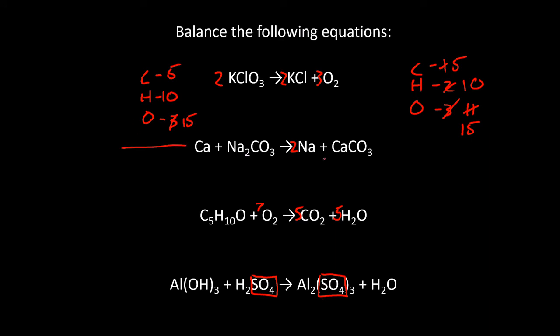So in the case of this problem here, we would have aluminum, oxygen, hydrogen, and sulfate on both sides of the chemical reaction.